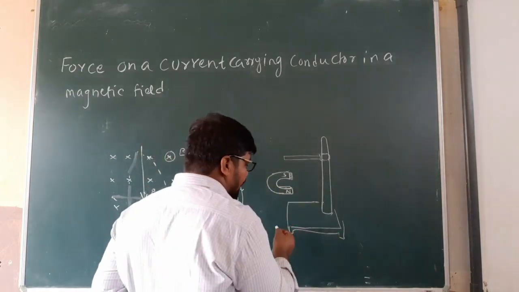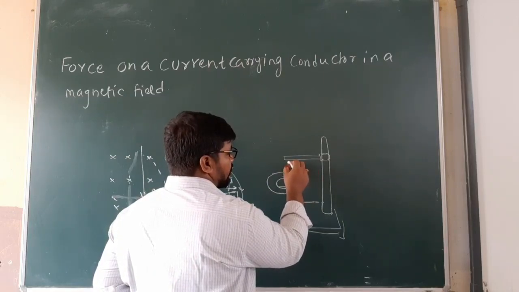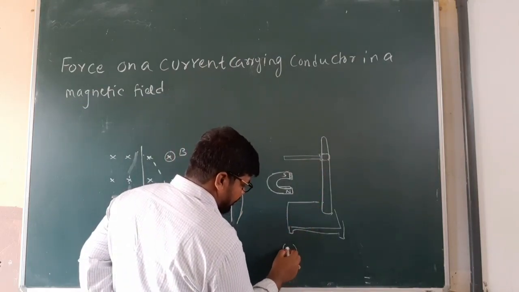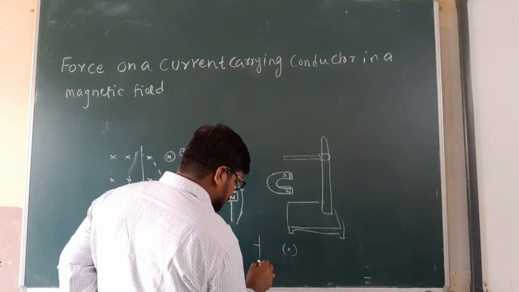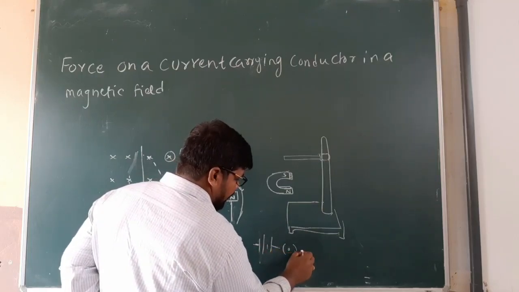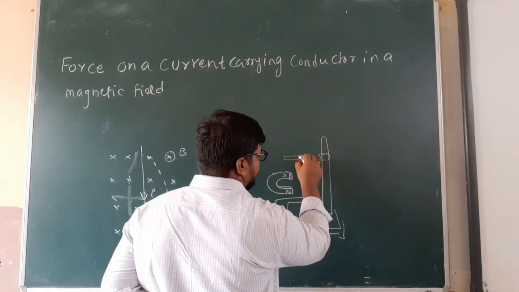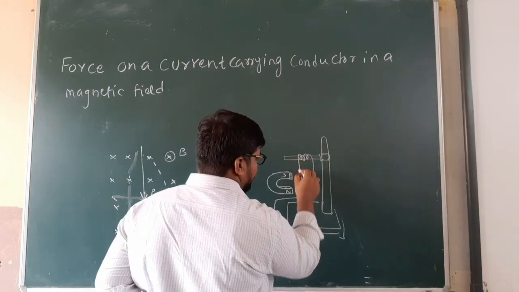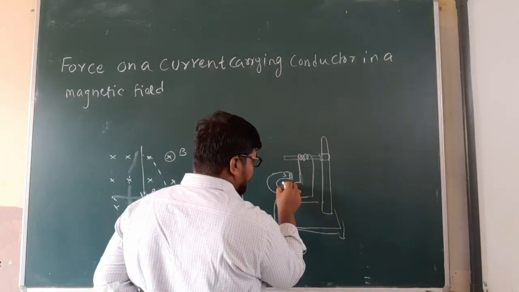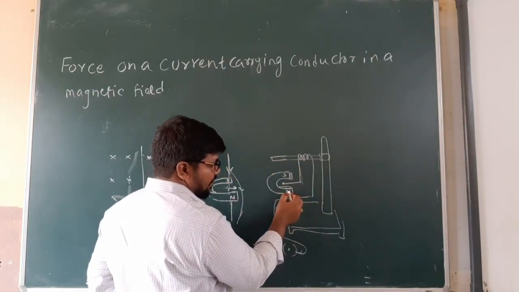Now in this situation, we are taking a current carrying wire. Here is the key and here is the battery, with negative and positive terminals. Here we have to take one metal rod, placed between the north and south.